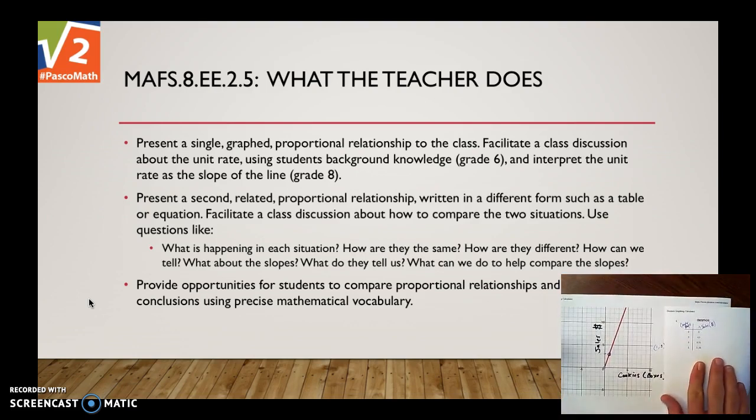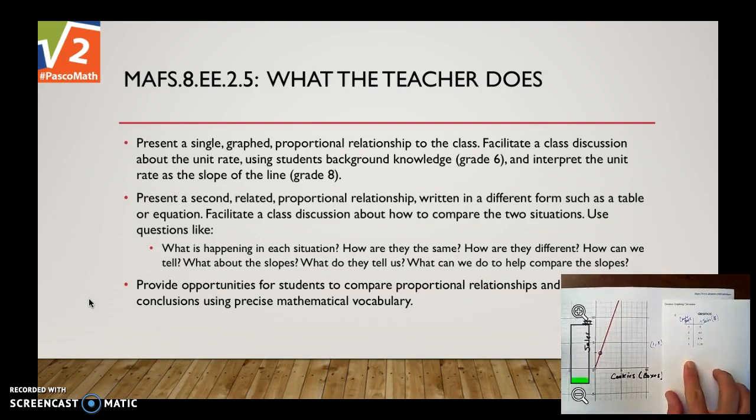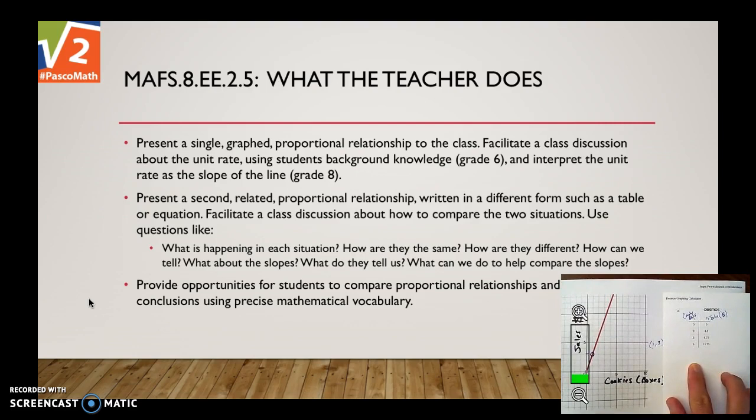And so in the table, we're looking at candy bars and sales. And notice over here, if I can zoom in just a little, I chose not to go just 0, 1, 2, 3, 4, 5. I think sometimes we do that too much. And so really wanted to work to get that unit rate from the table. So I did not provide when x equals 1. I believe that's the work of the student.